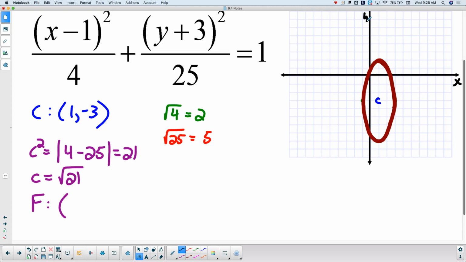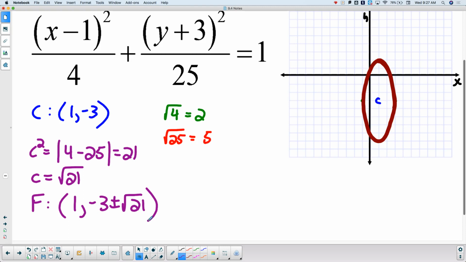Okay, yeah. So the foci would be at the points 1, comma, -3 plus or minus the square root of 21. Another way to think about it is approximately how big is the square root of 21? Ballpark it. 4.5 something, right?